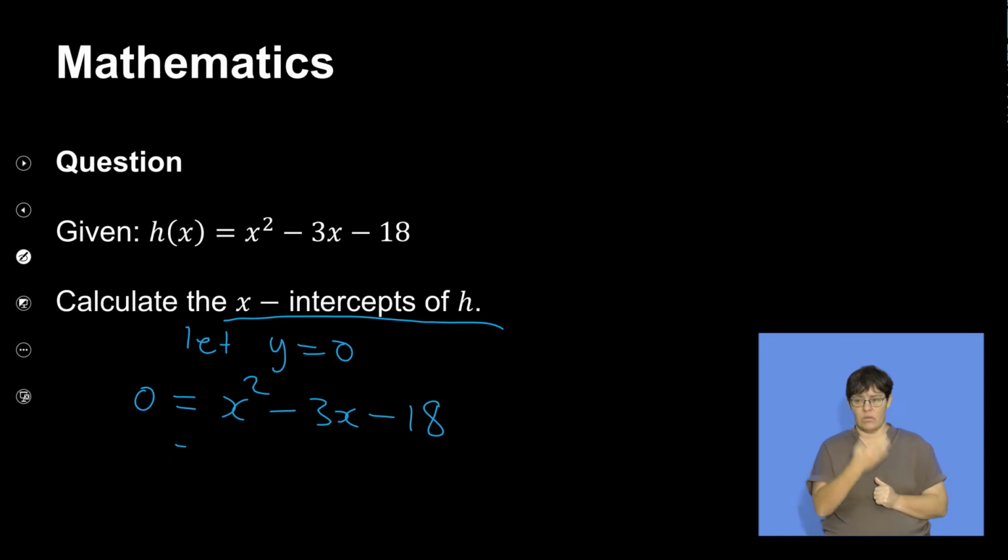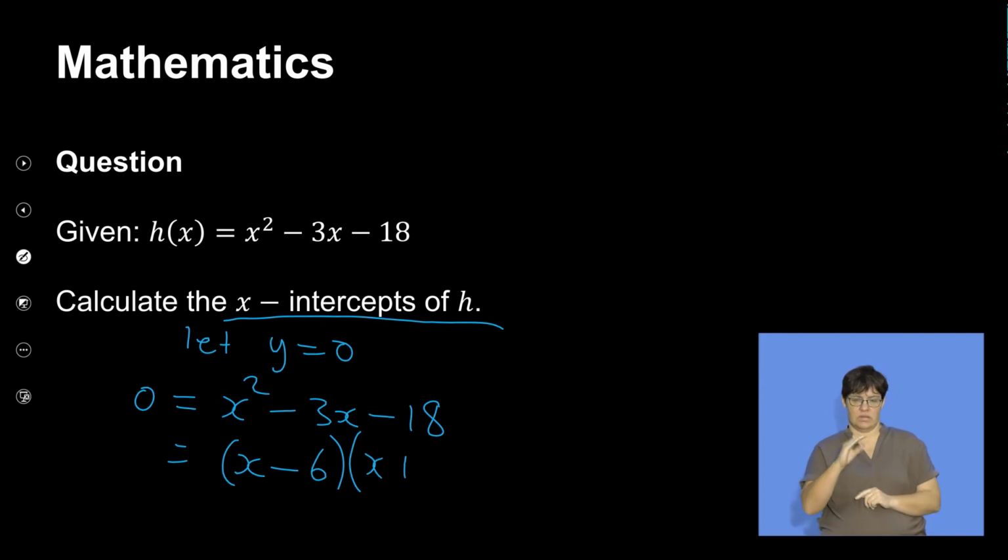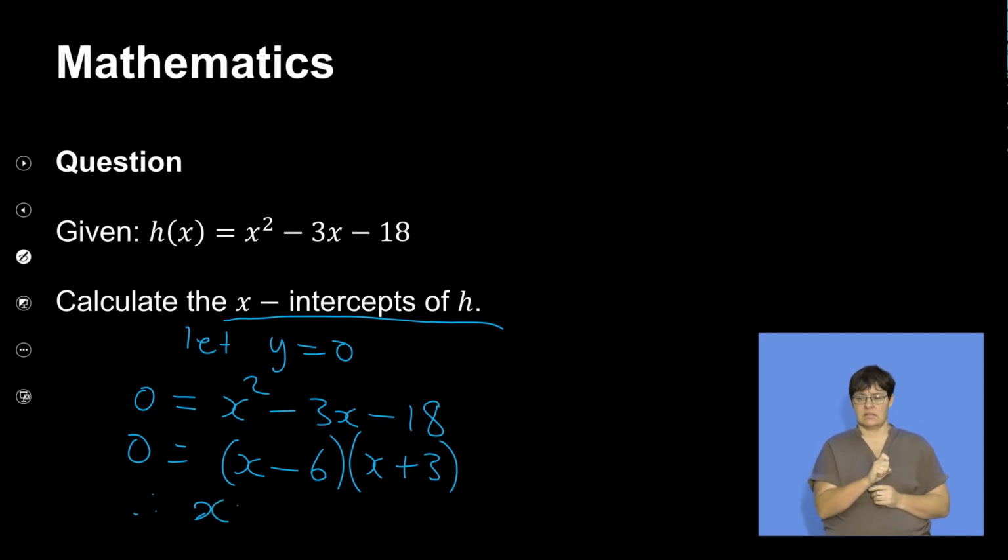If you want to solve this, you know it will be (x minus 6) into (x plus 3), right? And that will be 0 there. And therefore, your x-intercept will be x is equals to positive 6 or x is equals to minus 3.